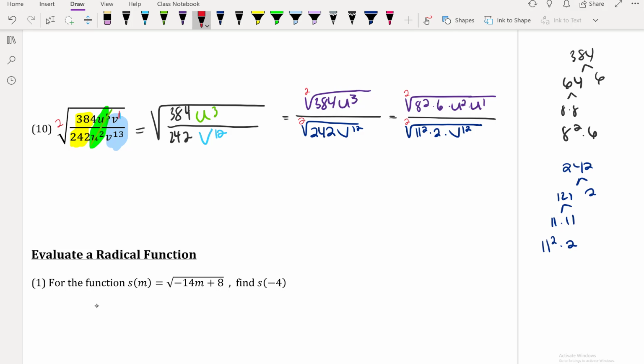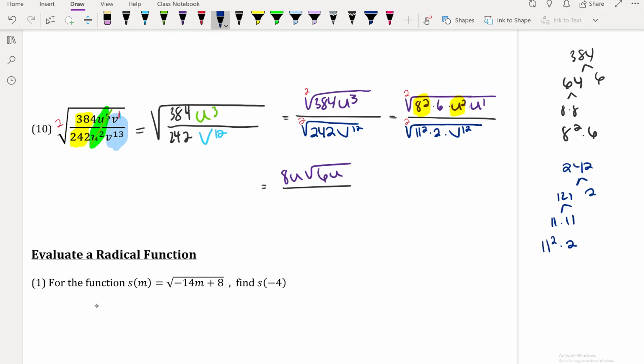So now I know everything that's going to cancel out or jump out. I have an 8 squared and a u squared. So 8 squared, and I divide that by a 2, that gives me just an 8 on the outside. And I have a u squared being divided by 2, so that gives me just a u. So what stays on the inside is a 6u.